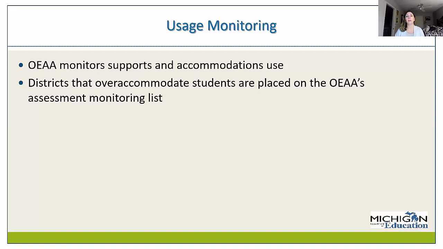Those districts are then placed on one of our OEAA assessment monitoring lists. And we would be following up with the district to find out more about what their processes and procedures are related to making those decisions, and then helping in ways that we can so that, again, we're not over-accommodating students.